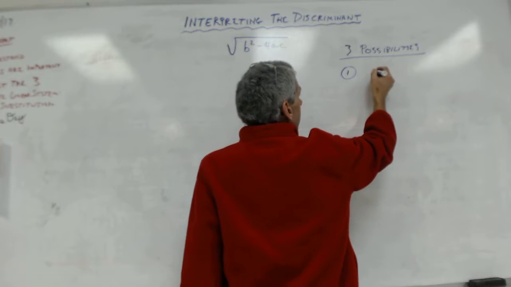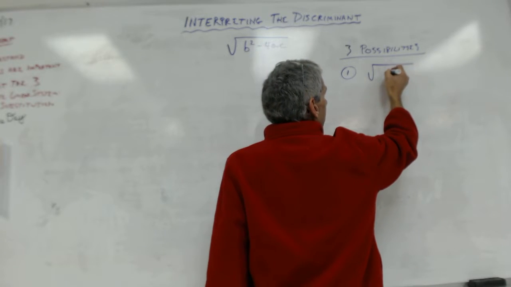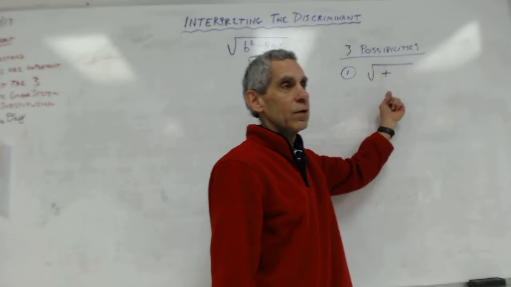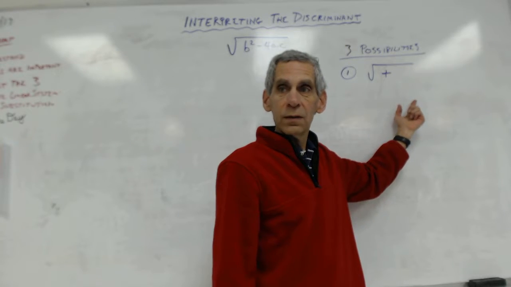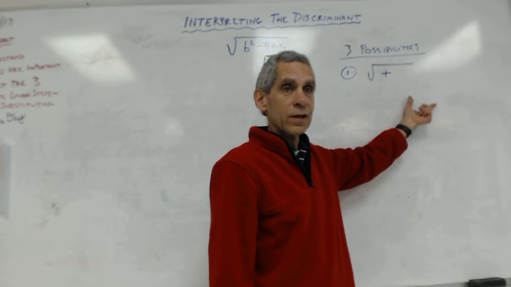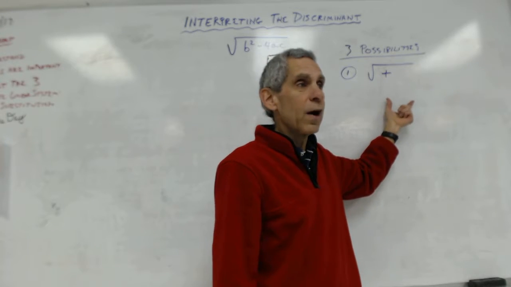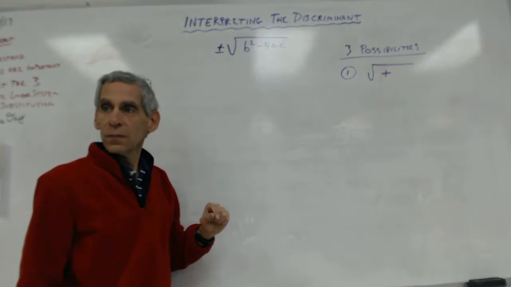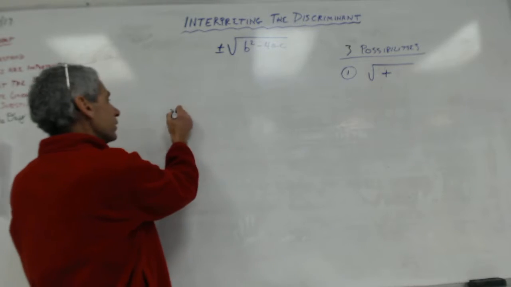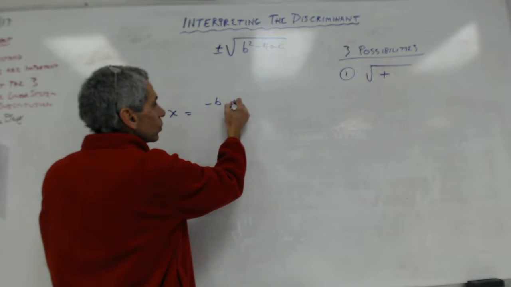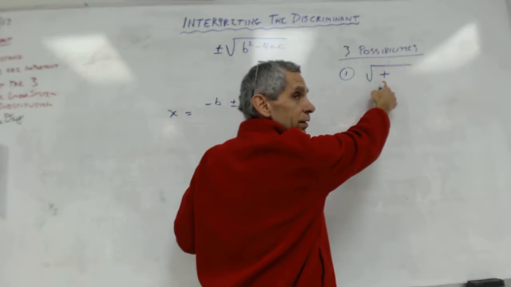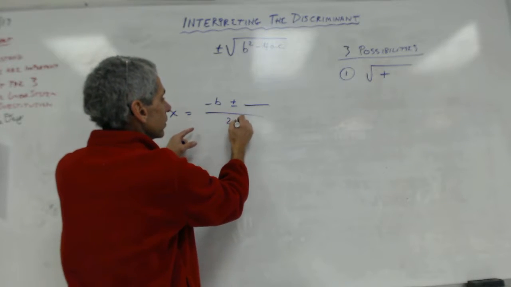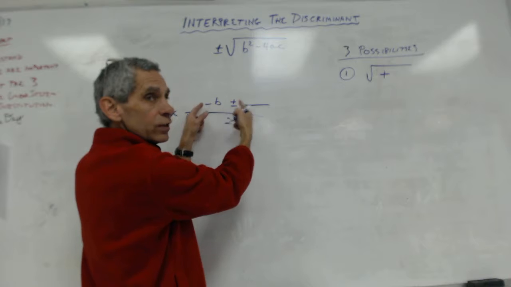The first one is that what's underneath the square root sign is a positive number. Every positive number has a square root, even if it goes on forever as a decimal. Remember it's plus or minus. So when you've got x equals negative b plus or minus something positive, you're going to add that number to negative b, and also subtract it from negative b.